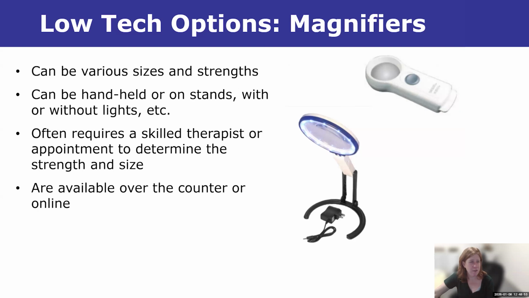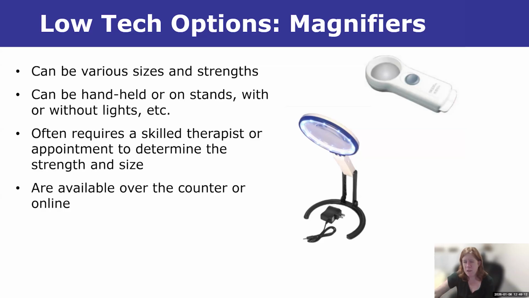Low tech options, magnifiers. Magnifiers can be a lot of sizes, strengths, held on stands, with or without lights, all of that stuff. Sometimes if you're talking about magnification, you want to involve somebody who's knowledgeable about it.